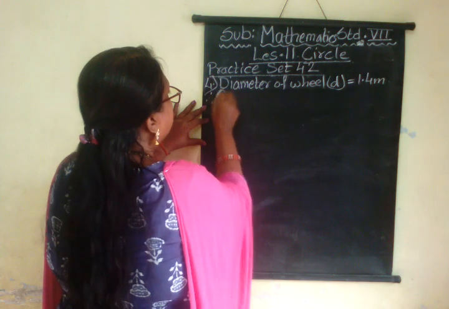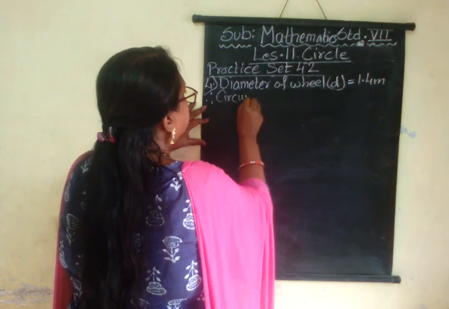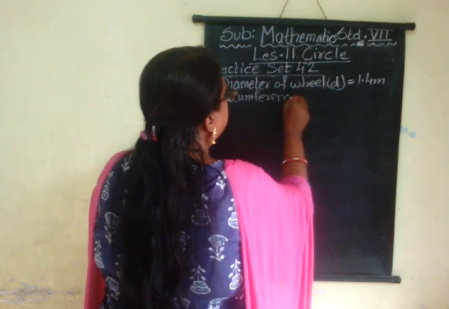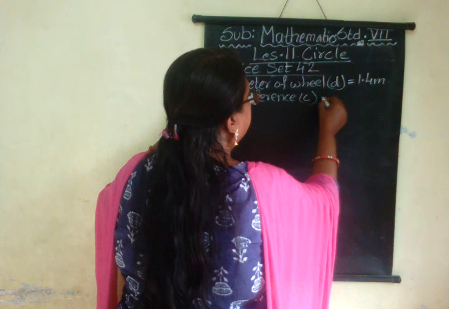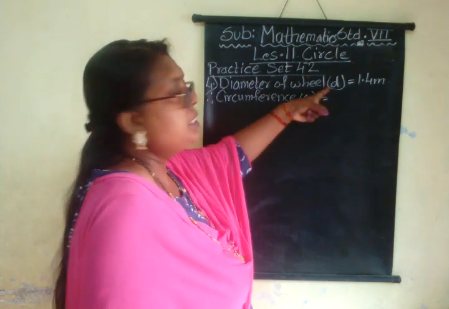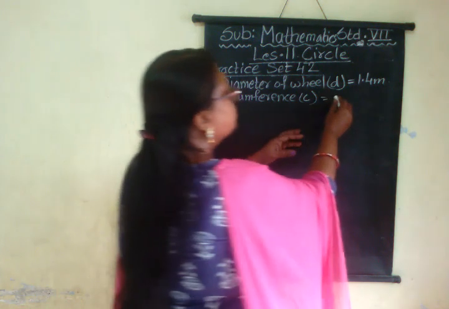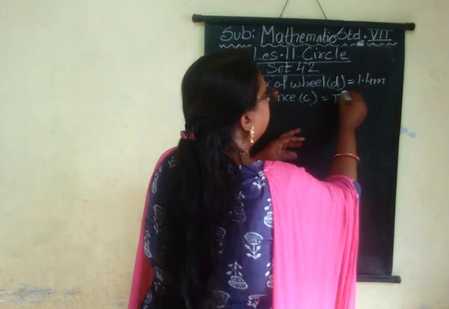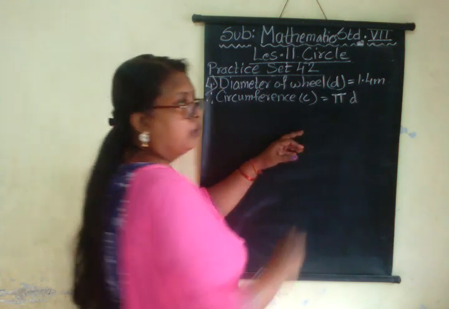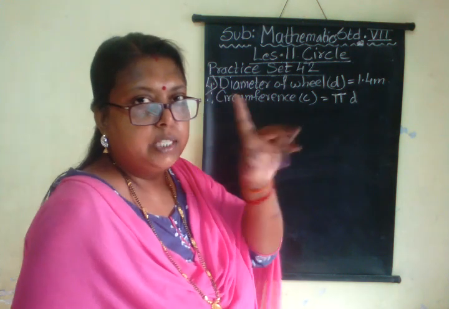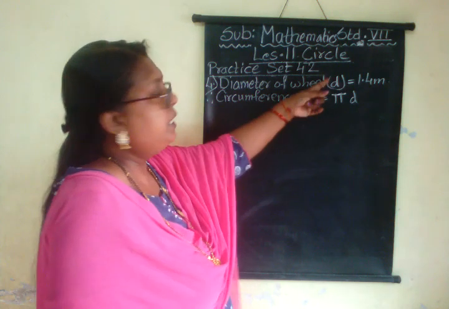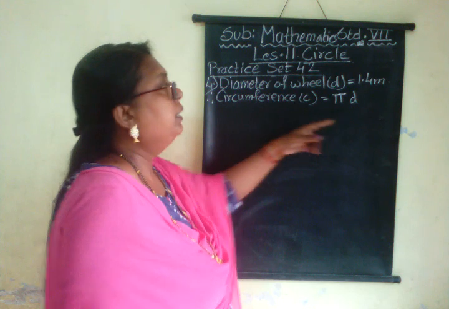So therefore circumference, small c is equal to, now here I'll use the formula pi d because d is given to me, right? Two formulas are there for circumference, one is pi d and another one is 2 pi r. So here d is given, so I'll use pi d.